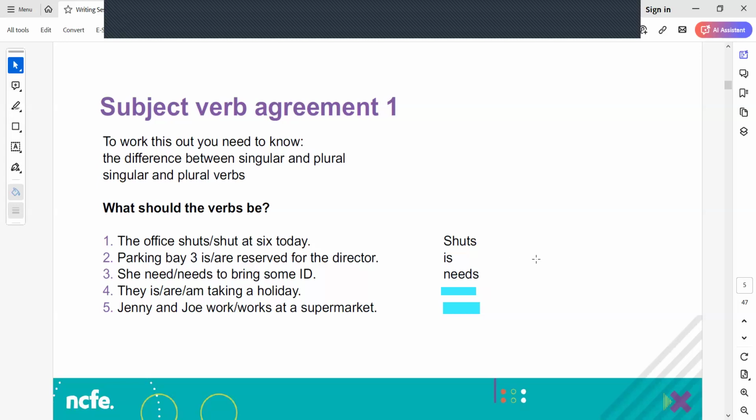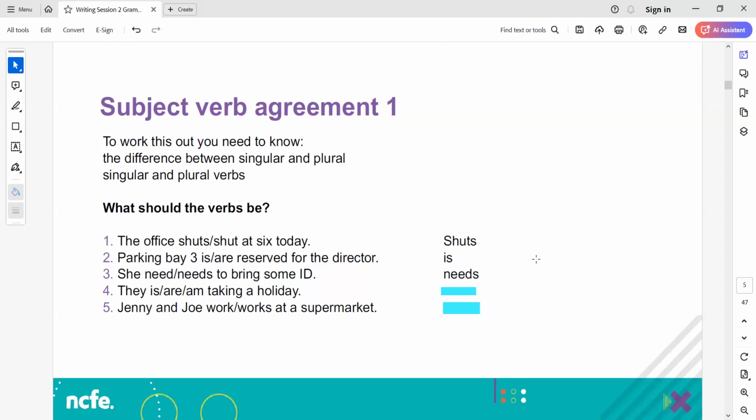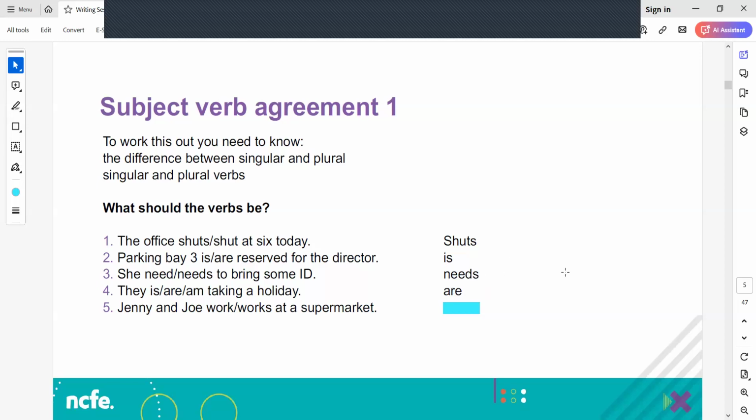They is, are, am taking a holiday. So is it they is taking a holiday, they are taking a holiday, or they am taking a holiday? They are. Good. Jenny and Joe work at a supermarket, or Jenny and Joe works at a supermarket? Work. Good. Well done.